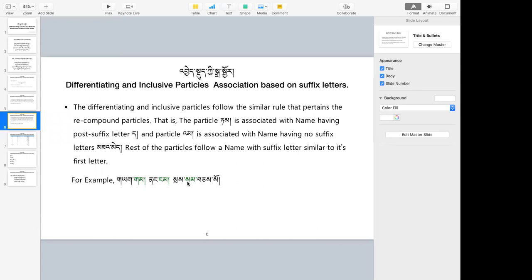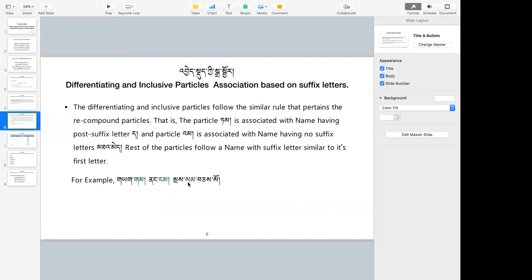So the particle which has the same first letter as the suffix of the name will associate with that particular name. So yakam, nangam, sesam, all of these are examples.